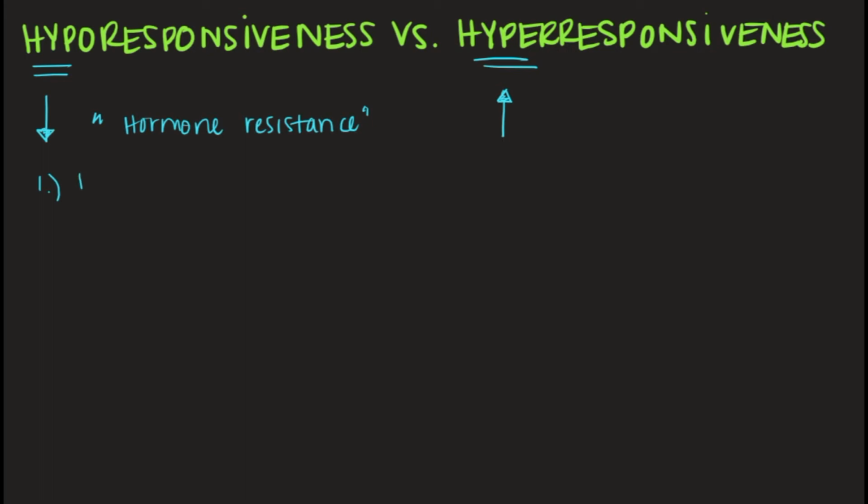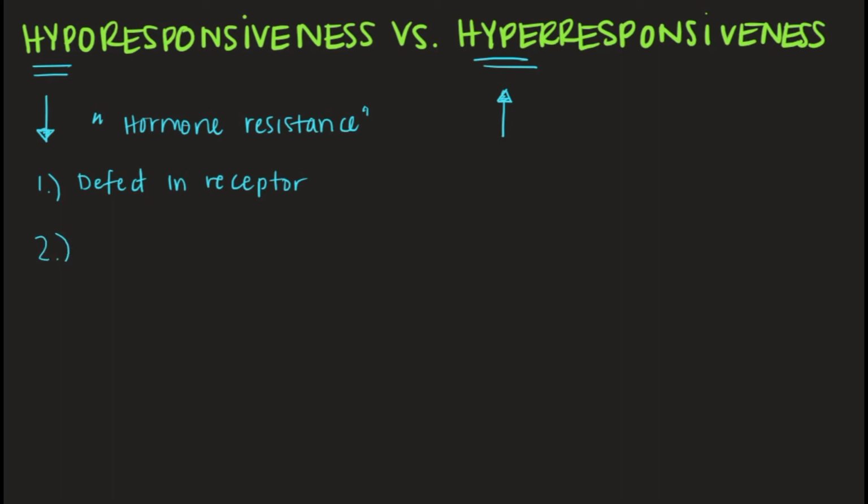Reason number one is that we have a defect in our receptor on the target cell. So we know from cell signaling that the interaction between the ligand and the receptor itself is crucial. If you have a defect in the receptor, there's not going to be appropriate binding to cause the desired outcome. So that's reason number one.